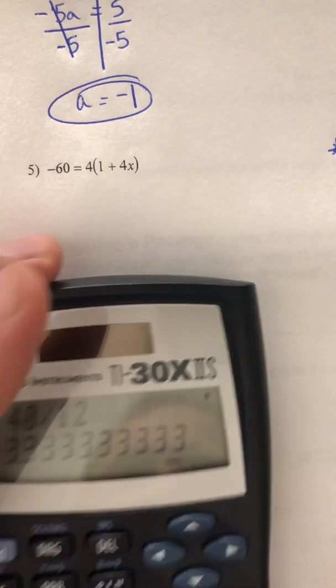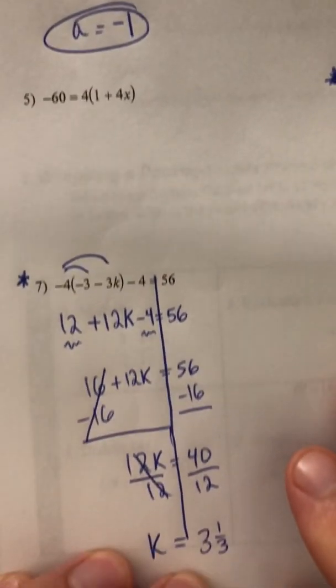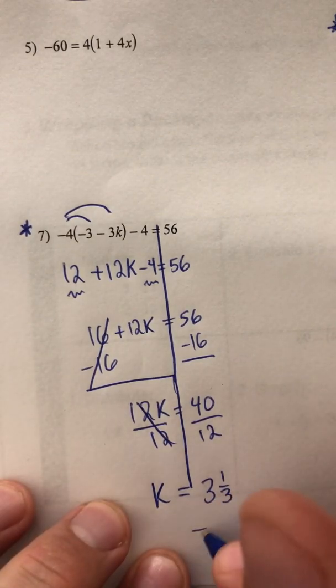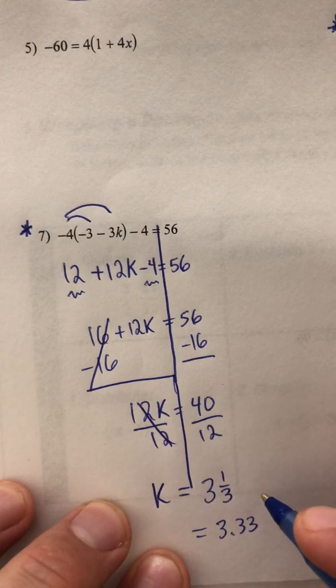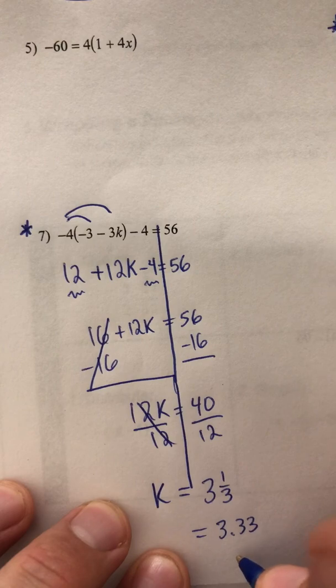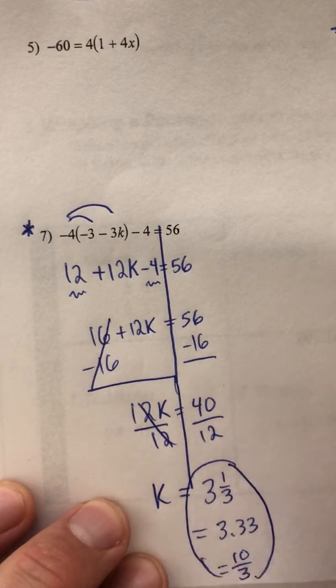So 3 1/3. So you can say 3 1/3. You can say 3.33. You can say 10 over 3. All 3 of those are the same answers, okay? All right.